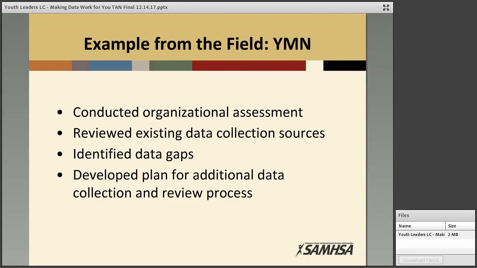So Youth M.O.V.E. National started off with conducting an organizational assessment to see where we were at as an organization as it pertained to those 3 C's we mentioned earlier: clarity, capacity, and culture, as we looked at our internal data collection efforts. And we utilized a tool that was developed by Derek Mills called Understanding Data Use for Continuous Quality Improvement.